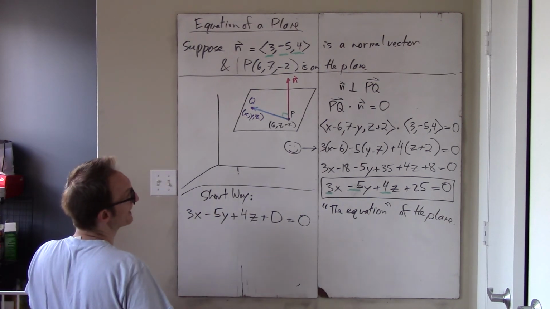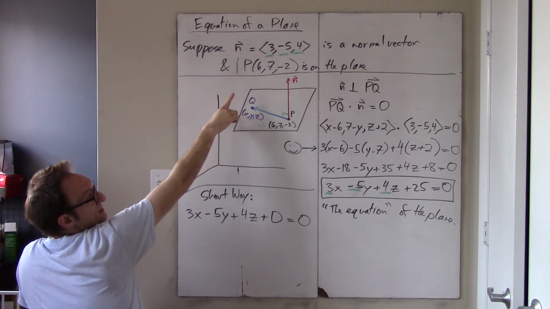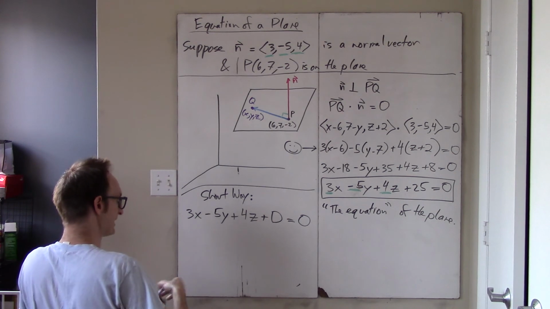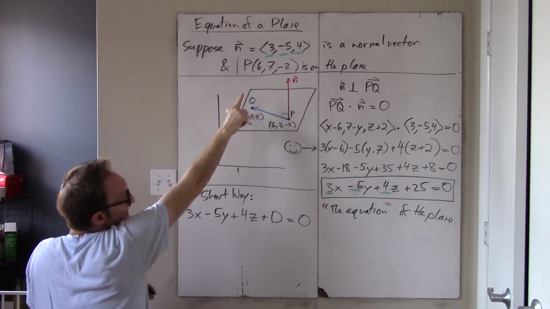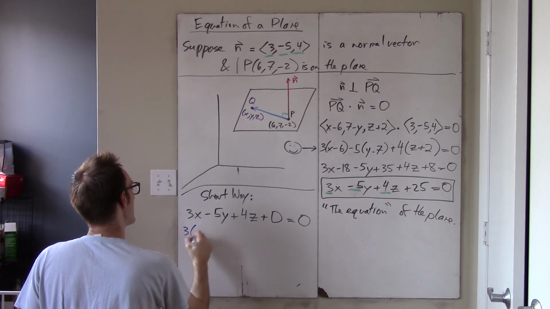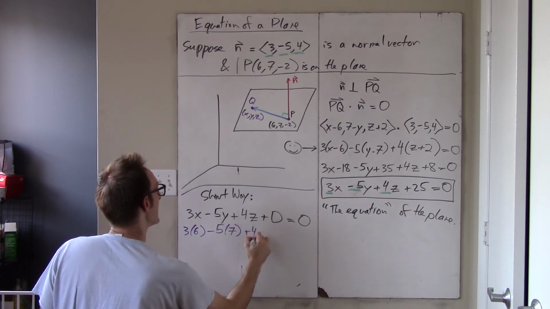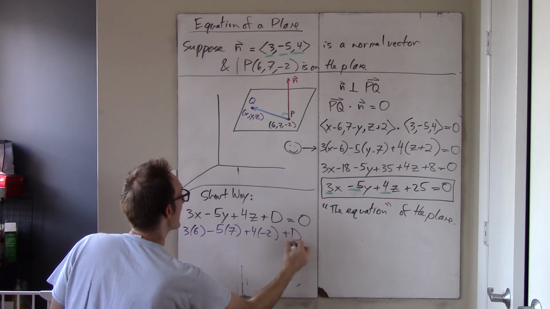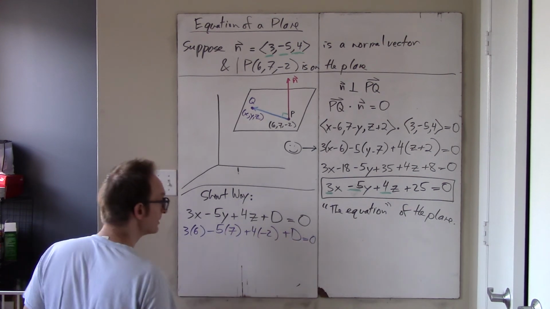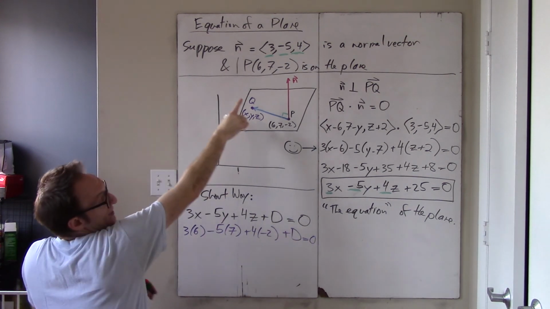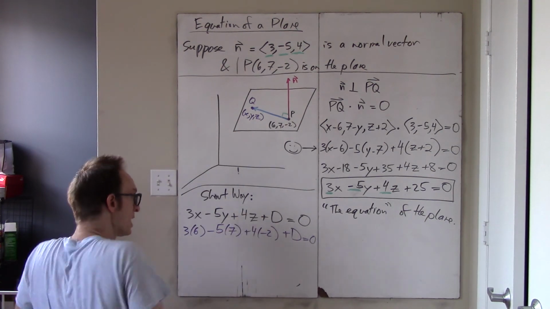Knowing that, and knowing that the point 6, 7, negative 2 is on the plane, I can just stick in 6, 7, negative 2. This is the short way. Just solve for what d would have to be in order for that point to satisfy this equation, which it must.